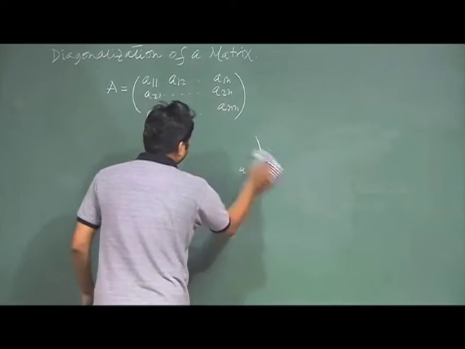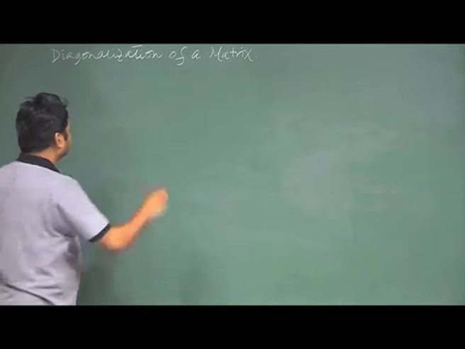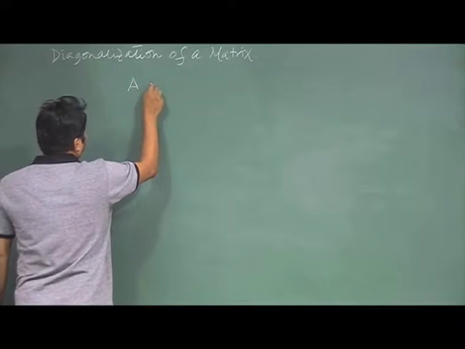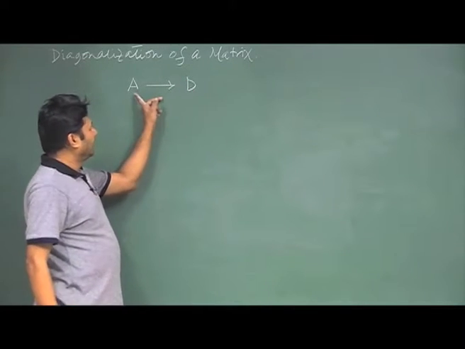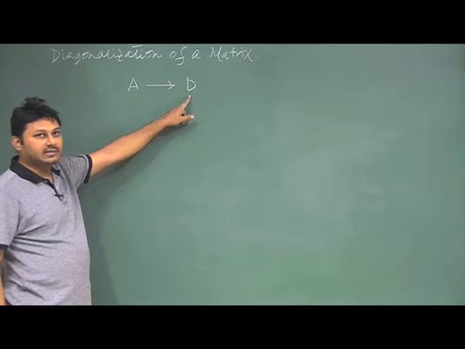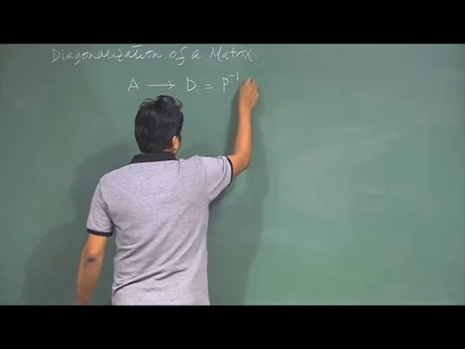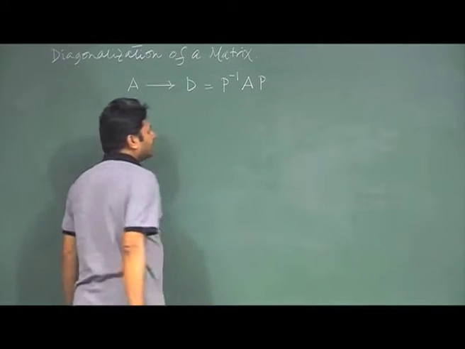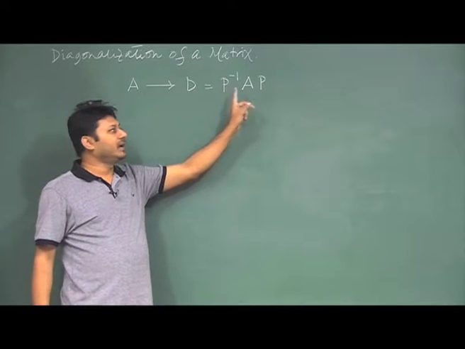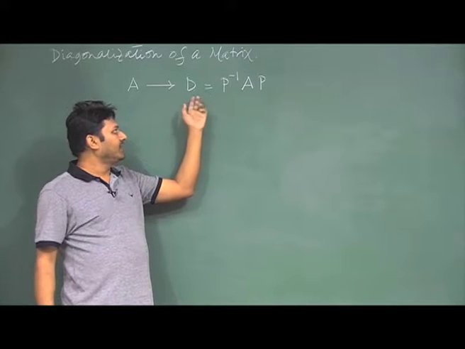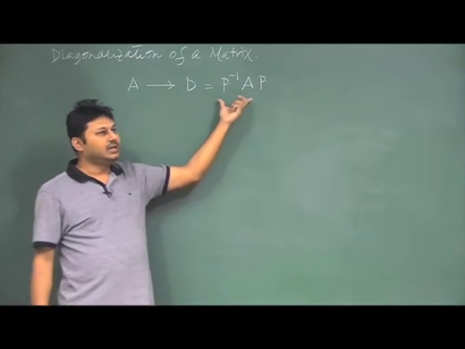So, let me first write it. A given matrix A can be diagonalized, say to D, with a similarity transformation with a suitable P. In the last class we found that A and D are called similar matrices because they are related by a similarity transformation.